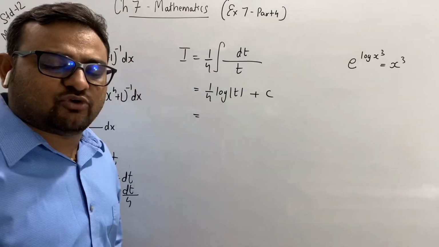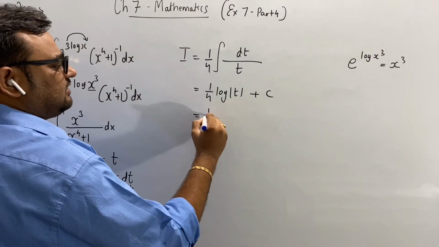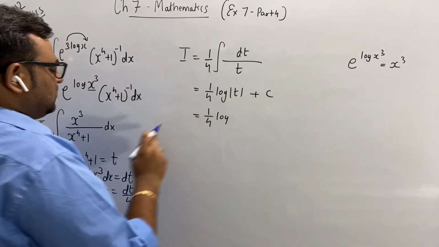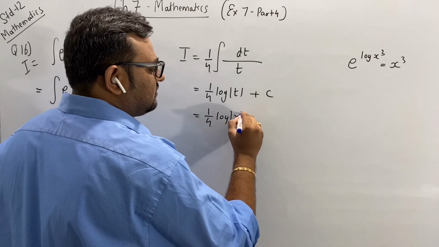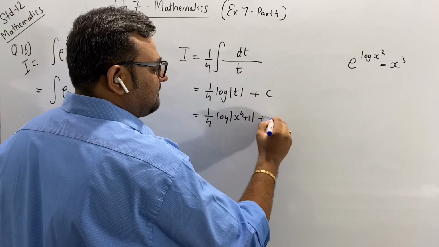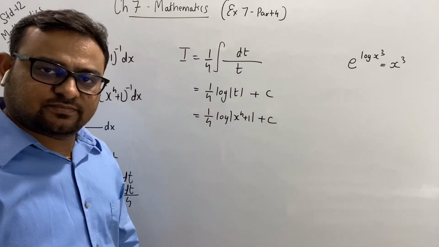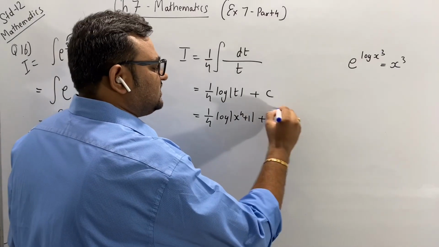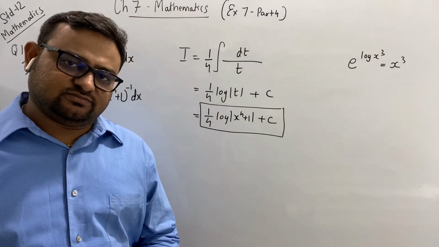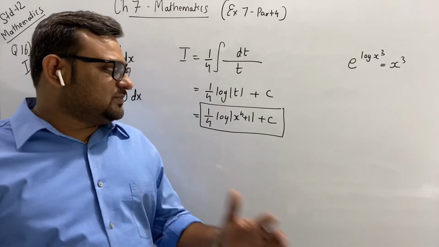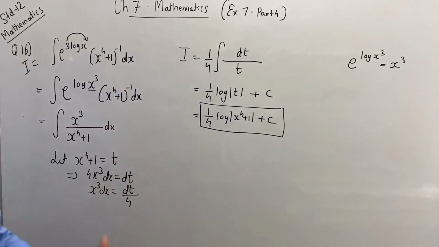Now just put down the value of t: x raised to 4 plus 1, plus c. Clear? So this is our answer. It's a very simple sum. Just go through question number 16.